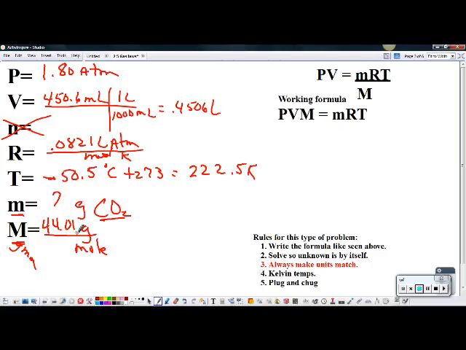Okay, so now I'm solving for this M. What am I going to divide both sides by? RT. So I'm going to have PV capital M divided by RT equal to little m. In order to keep these straight, if you make both of your letters the same, how are you going to know which one's which when you start manipulating that formula?